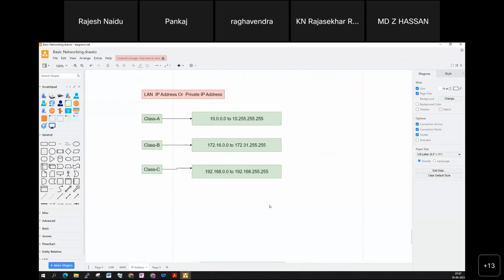Class A, class B, class C. These are the private IP addresses, the LAN IP addresses. The range is this one. Okay, well and good.